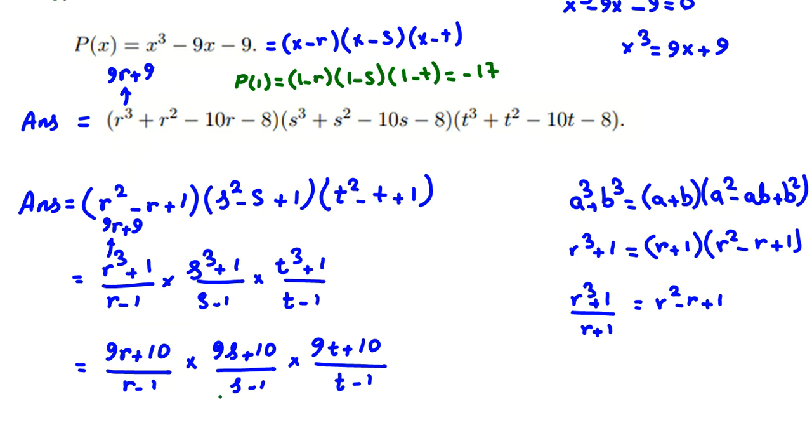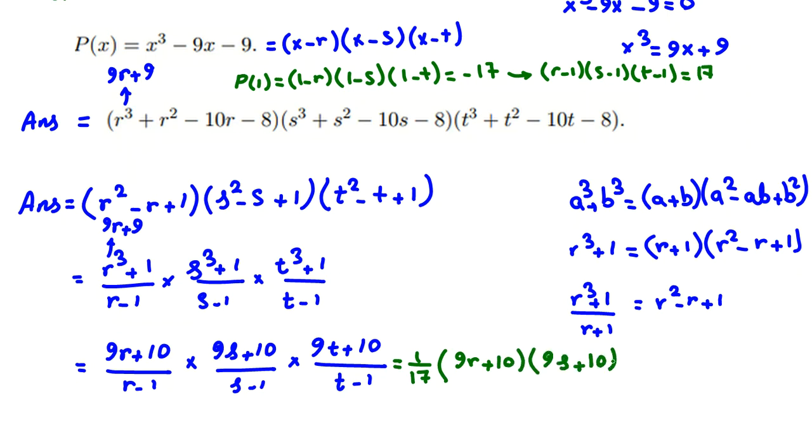Because it is r minus 1, s minus 1, t minus 1, you should negate all of them. Since we have three negatives, r minus 1, s minus 1, t minus 1 is 17. So it will be 1 over 17 times 9r plus 10 times 9s plus 10 times 9t plus 10.